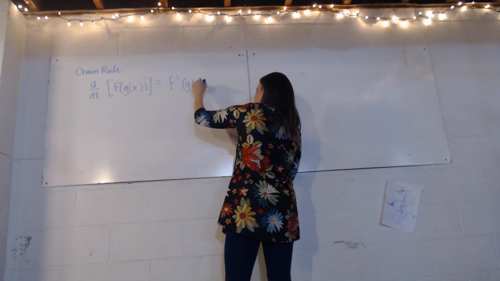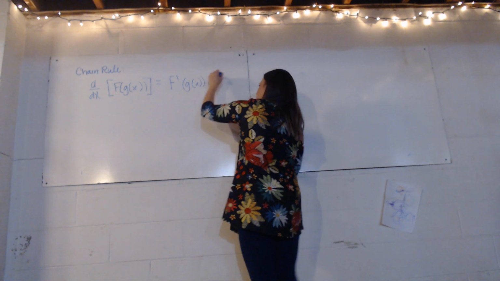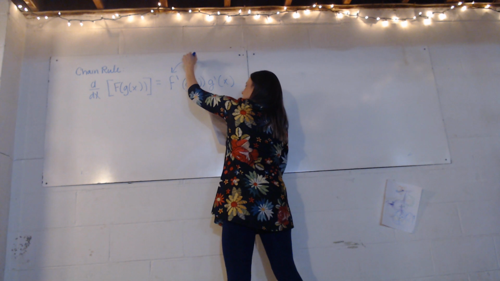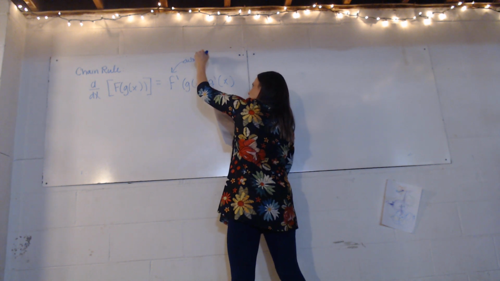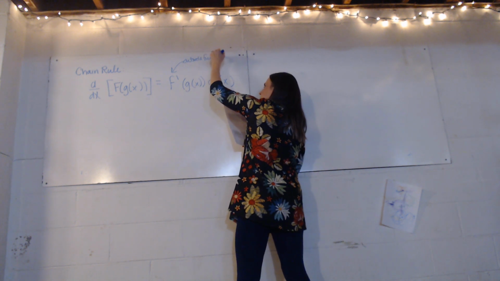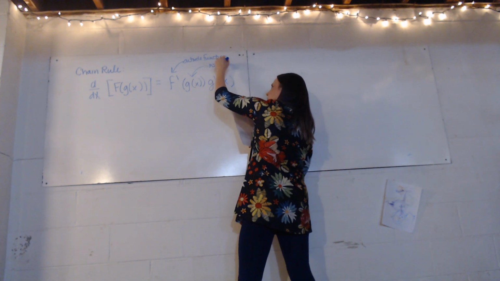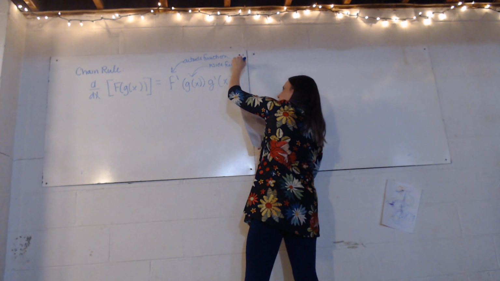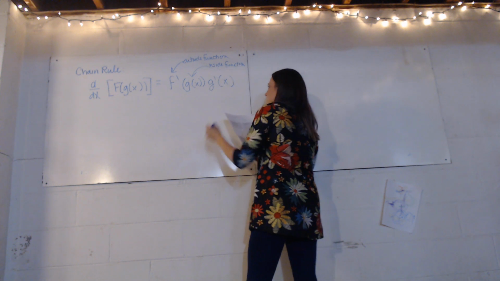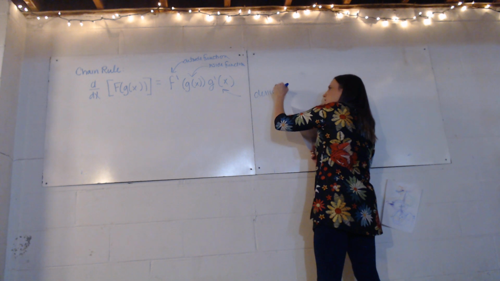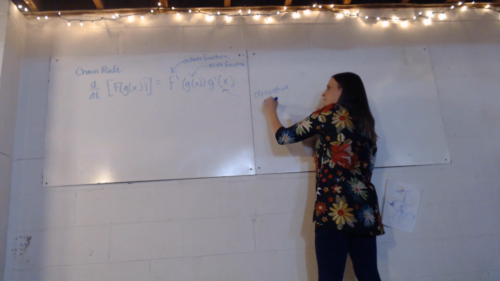You keep that g of x there, and then you do the derivative of the inside function, right? So this is your outside function. And this is your inside function. And then this is obviously the derivative of your inside function.